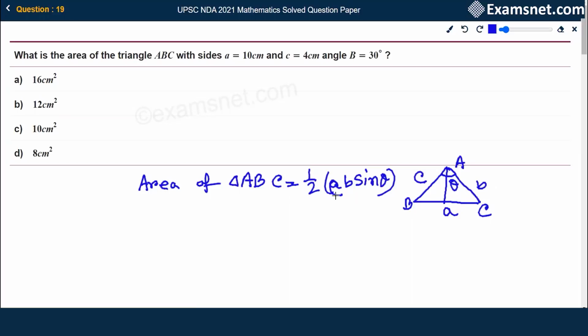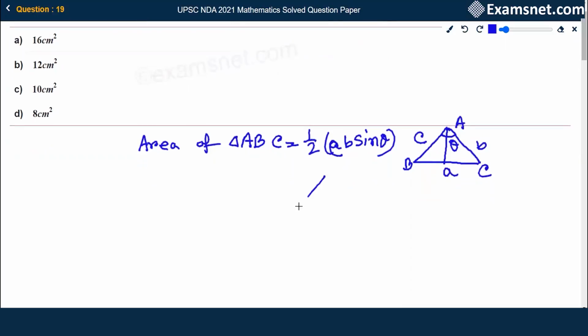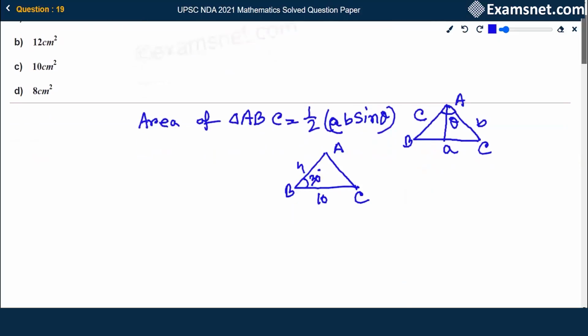So half into CB into sine theta, correct? Since here we are given two sides a and c and the angle B is 30 degree, it will look like this: A, B, C. So c here is 4 centimeter, this one is 10 centimeter, and this is 30 degree, correct? So how to find the area of the triangle?